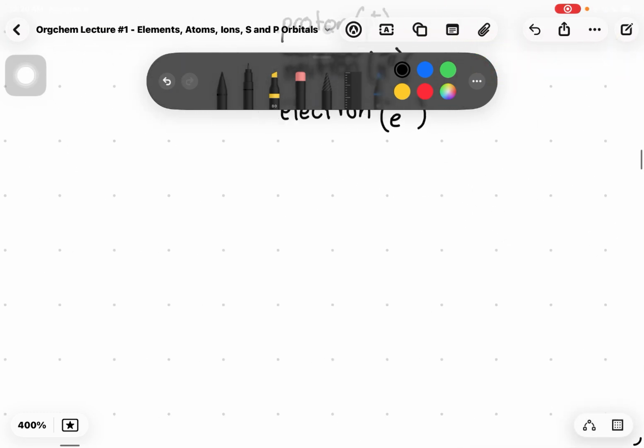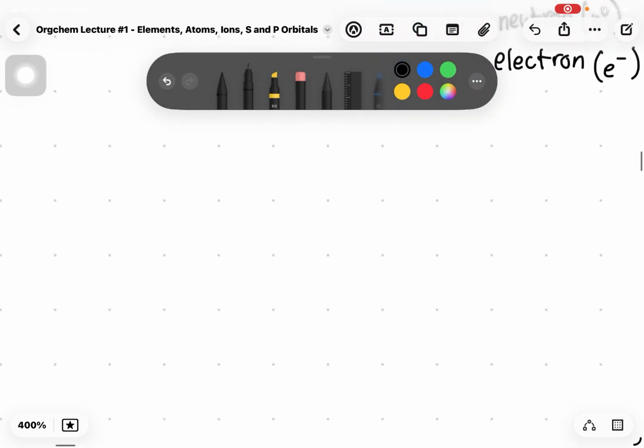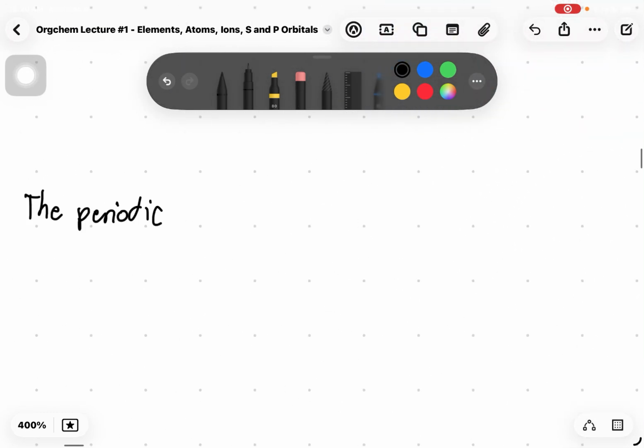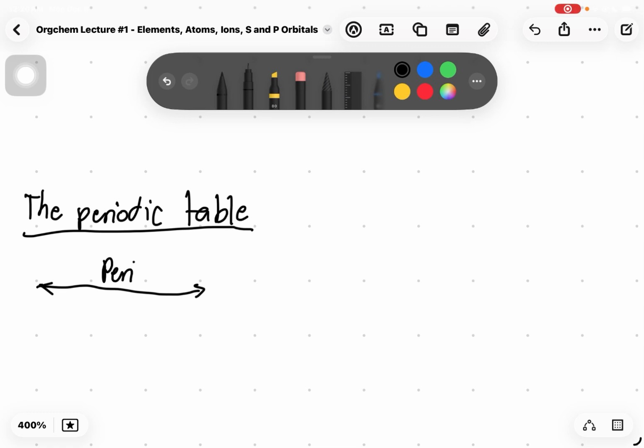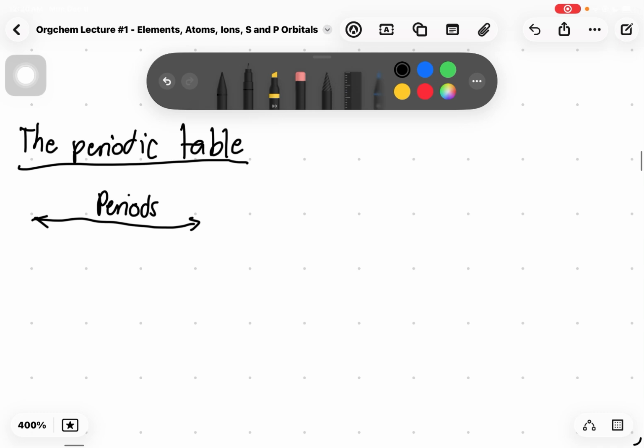Now let's figure out how to read the periodic table. We know that there's rows and columns for the periodic table. What are they called? For rows, or rather the horizontal elements, these are known as periods, while our vertical friends are known as groups.